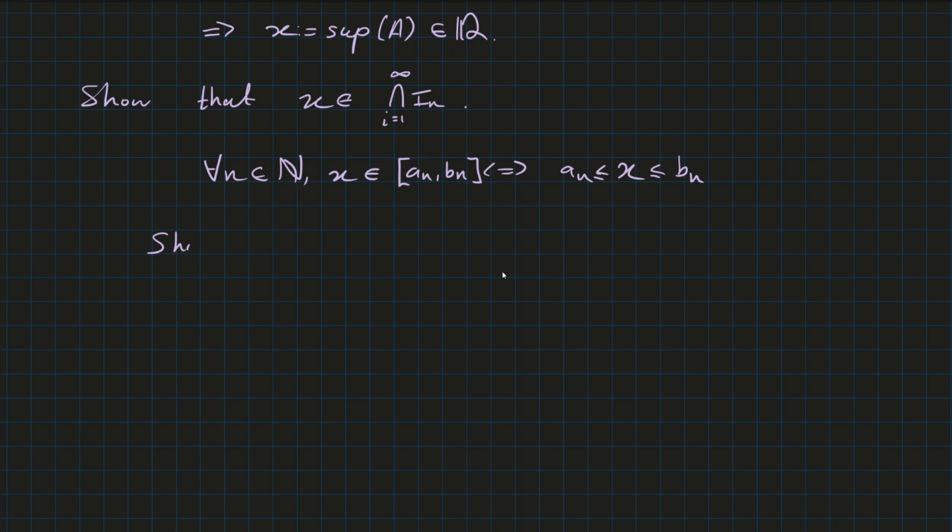Okay, so we have to show two things. First, show x is greater than or equal to An. Well, this is clear, because x is the supremum of A. So x is an upper bound for the set of all An's.